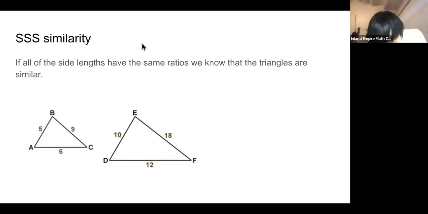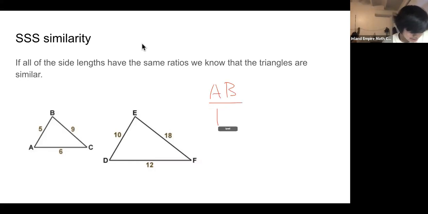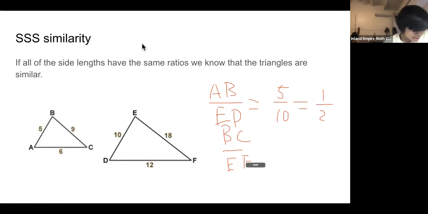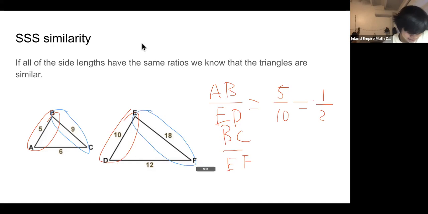Okay, no problem, because it is complicated. But basically, we can see that AB over ED equals 5 over 10, which just equals 1/2, right? And BC over EF is this one over this one right here.